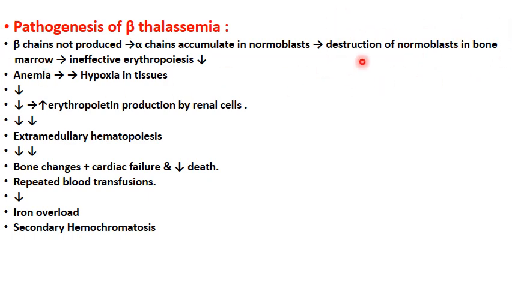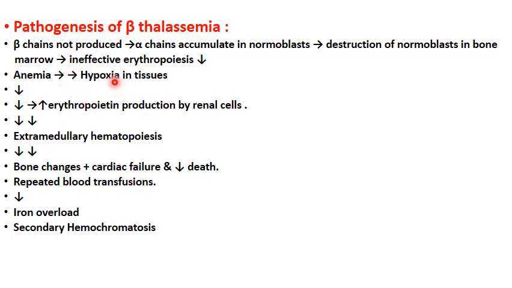However, the bone marrow produces a large number of normoblasts, but it is ineffective. It is ineffective erythropoiesis, which will lead to anemia. When there is anemia, the oxygen-carrying capacity of the red blood cells decreases, which leads to hypoxia in the tissue.